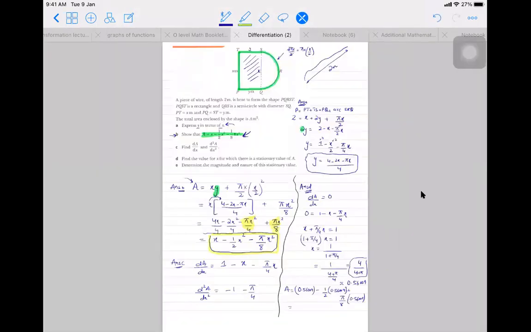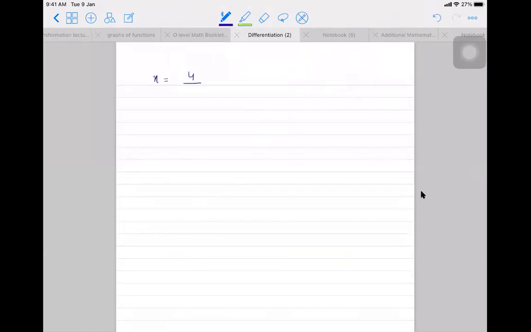Actually, let me work this with the exact value and see what we get. We know that x is coming out to be 4 over 4 plus pi, and the area equation is x minus 1 upon 2 x square. So that is going to be 4 upon 4 plus pi, minus 1 upon 8 pi times x cube, that was 4 upon 4 plus pi cube. I'm showing you how to do the simplification.